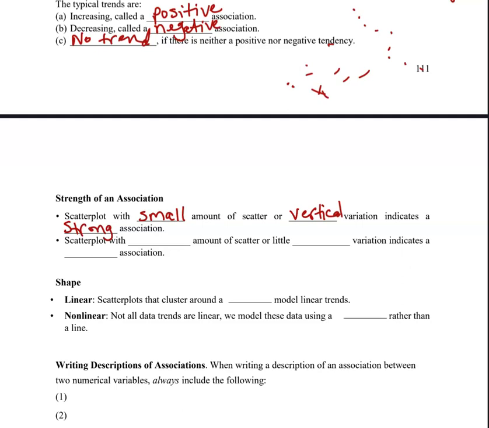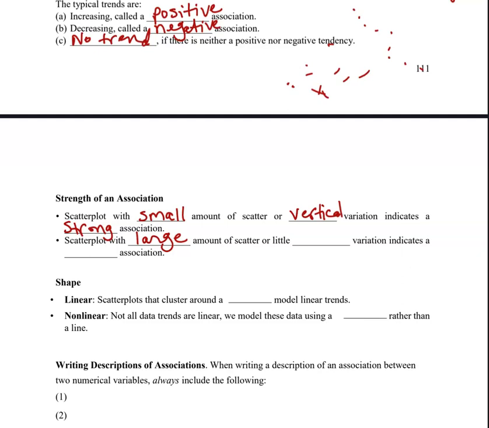So a scatter plot with a small amount of scatter or vertical variation indicates a strong association.